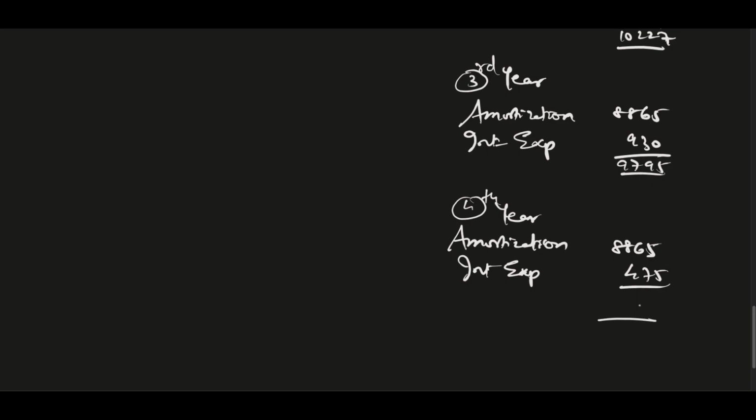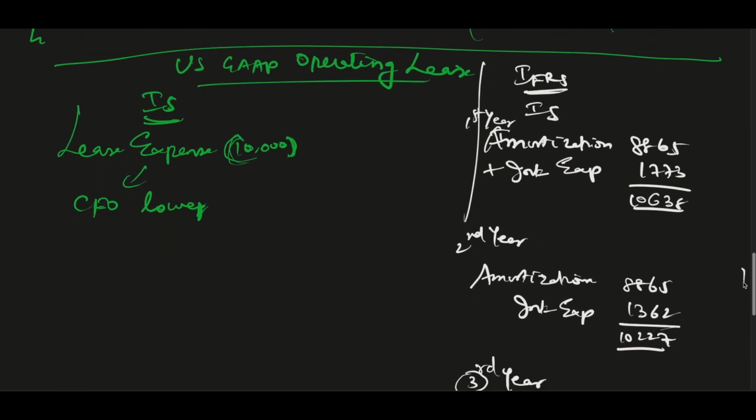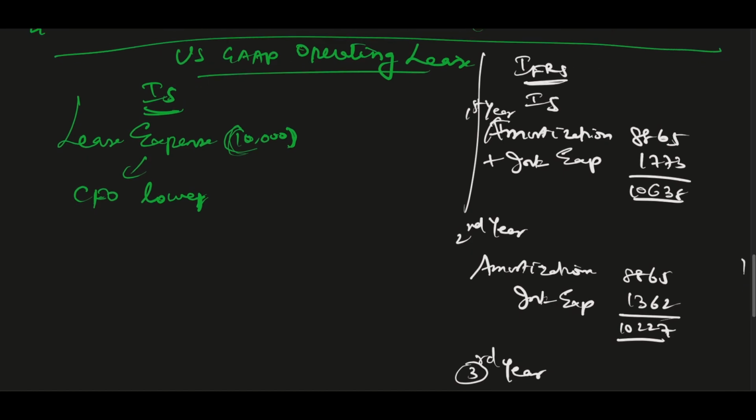So the total comes to 9340. Whereas for the other approach, every year, first year, second year, third year, and fourth year, the lease expense is the same. Lease expense is 10,000, so it will be the same for all the years.